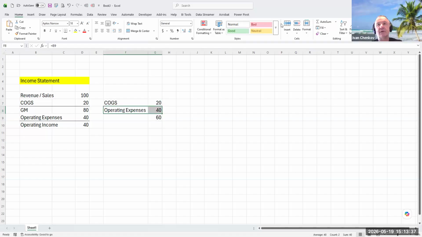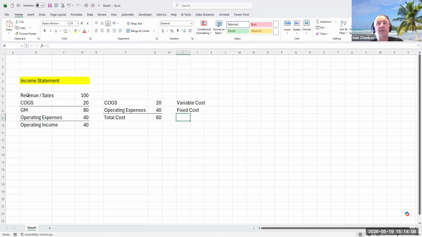So now we're going to take a look at those costs, and the only way they can behave for our purposes is as a variable cost and fixed cost. That's it, nothing else.